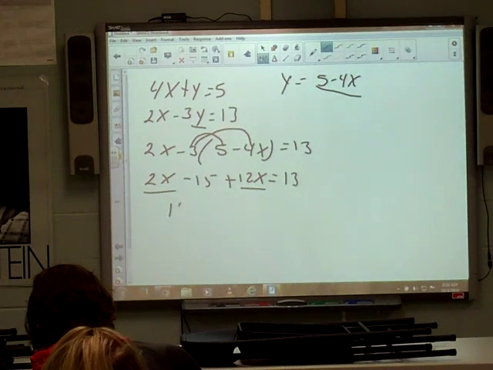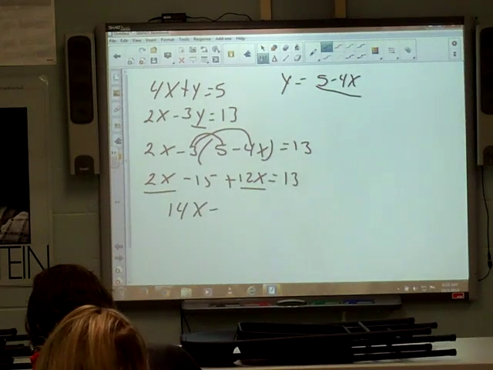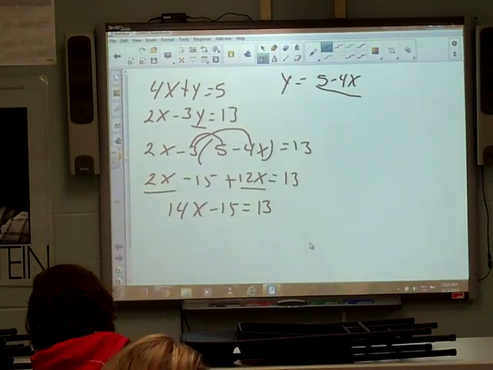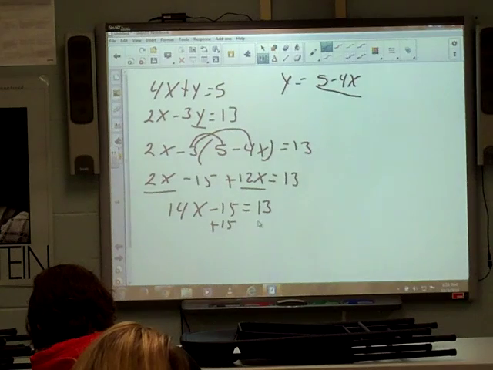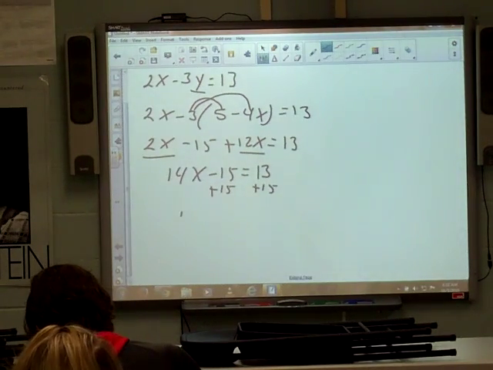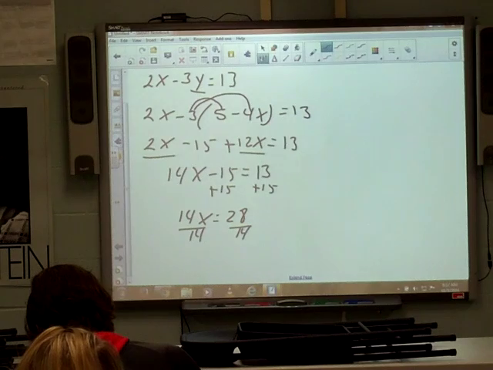So that would give me 14x minus 15 equals 13. And then add the 15. Good. Now we're ready to add that 15. So that gets us 14x is 28. So yes sir, x is 2.